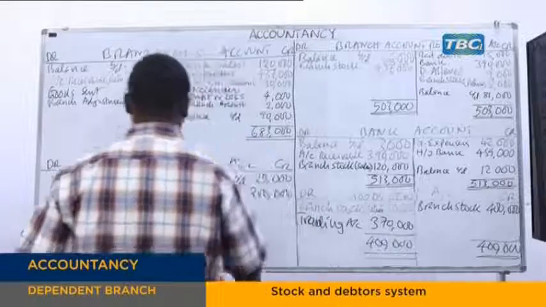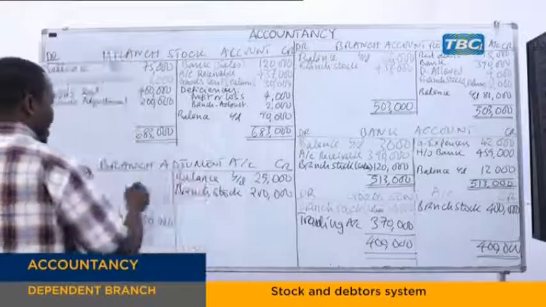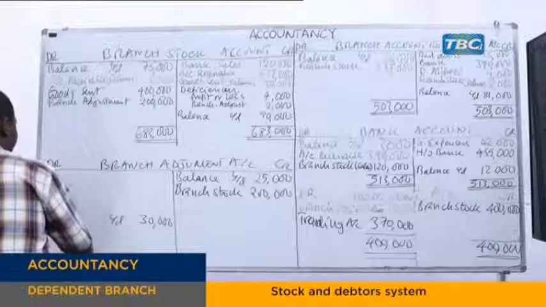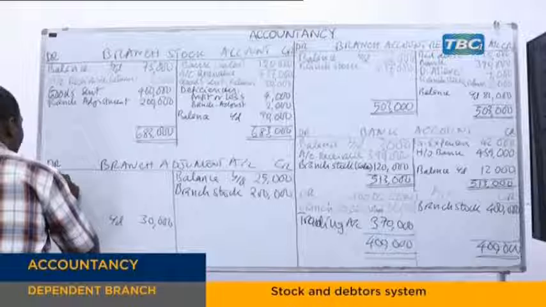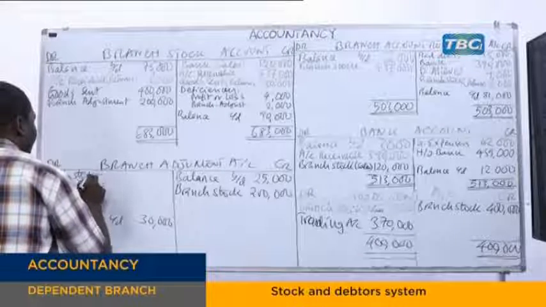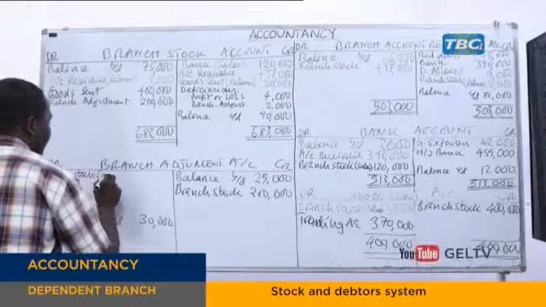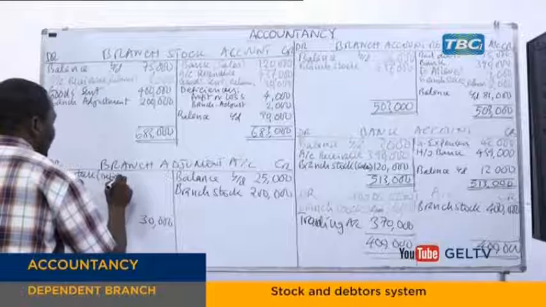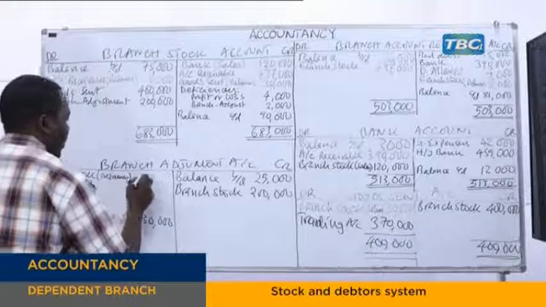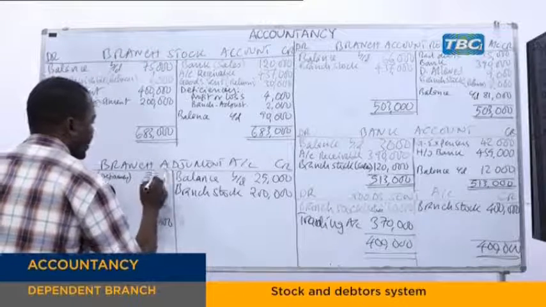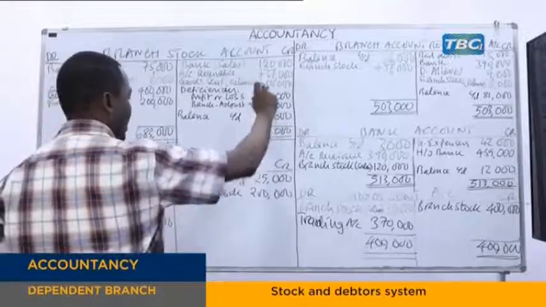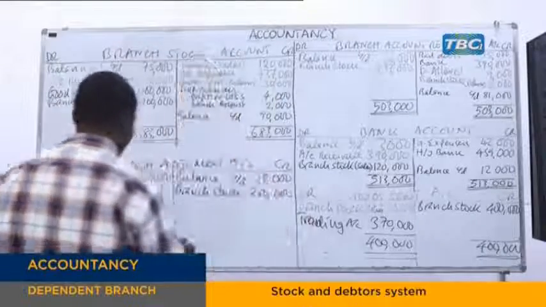So we come to adjust it here, that is branch stock. That is the deficiency. It will be only 2,000. So this account has been balanced.